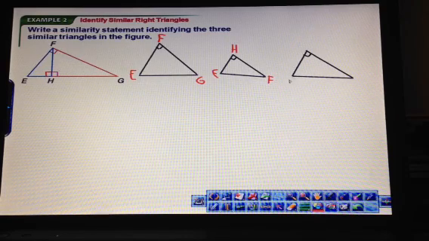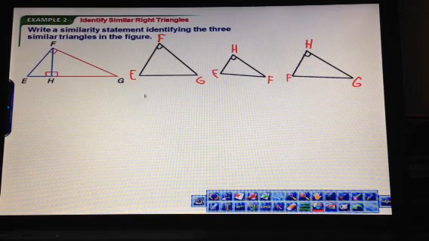And then the last triangle, H is your right angle, and then F is down here, and G is over here. Now we want to name these similar triangles.